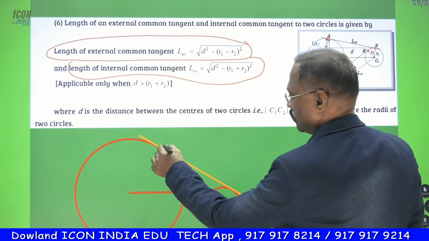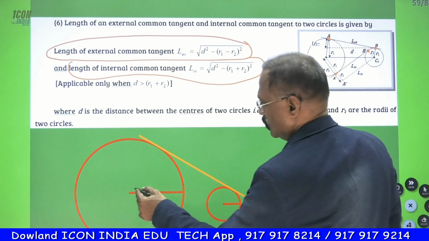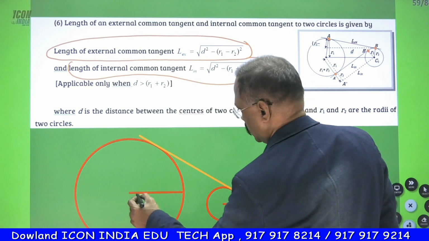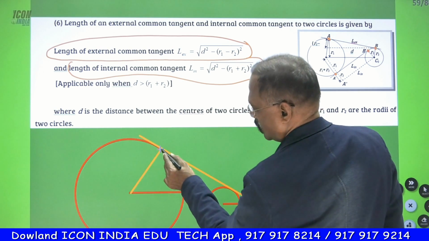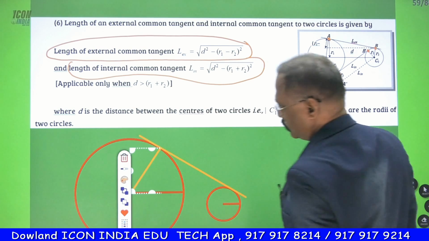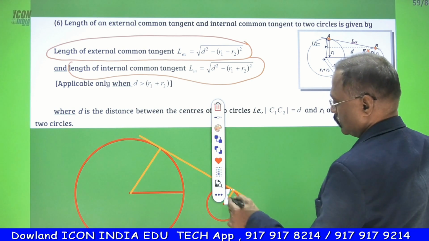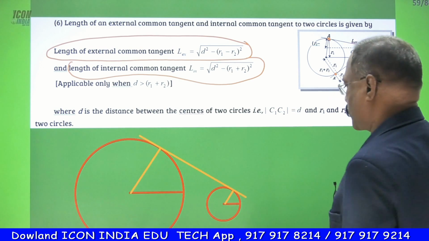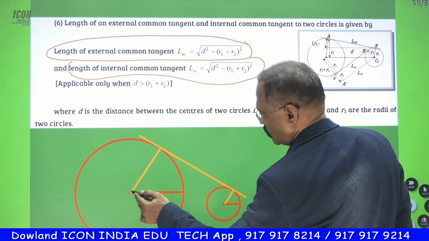Let me name this, but before that, let me show you the radius. This is the center. This is radius 1. This is radius 2. Okay, so let me join these centers.